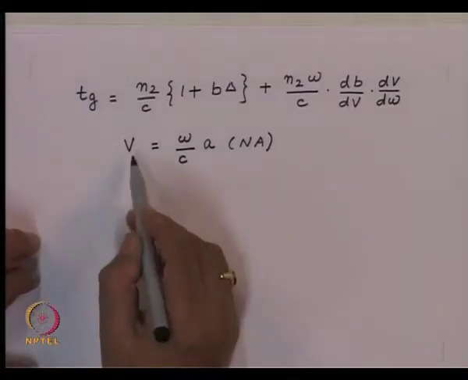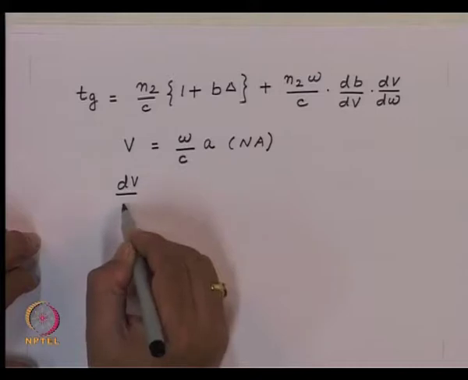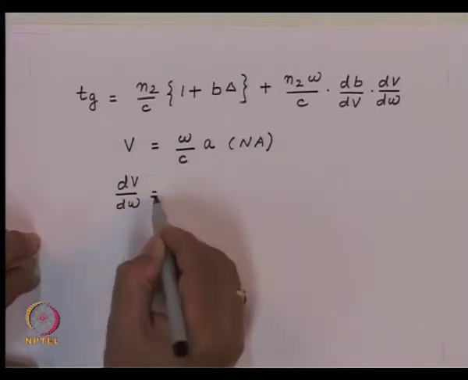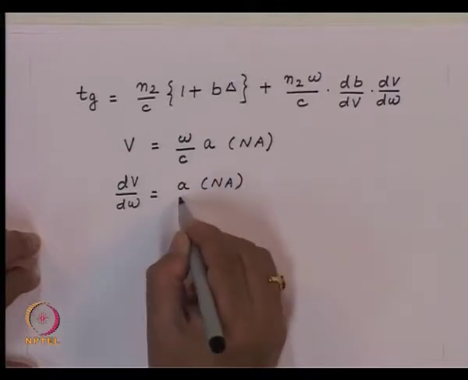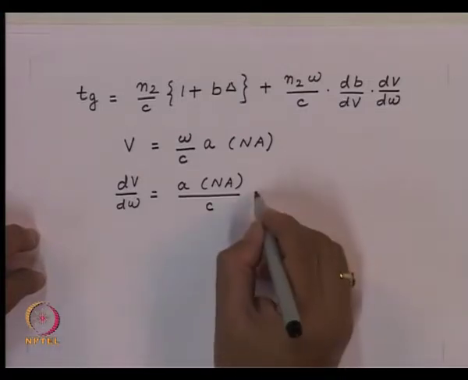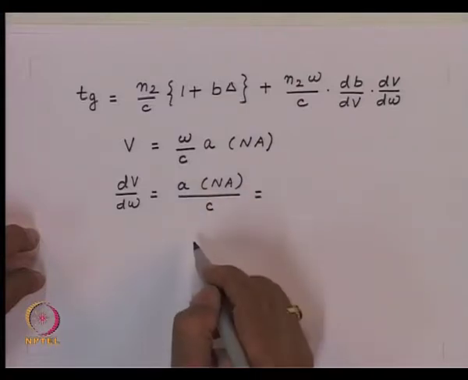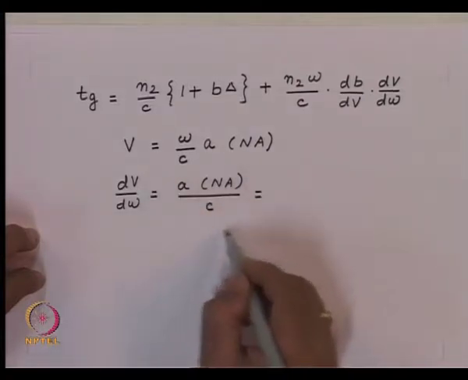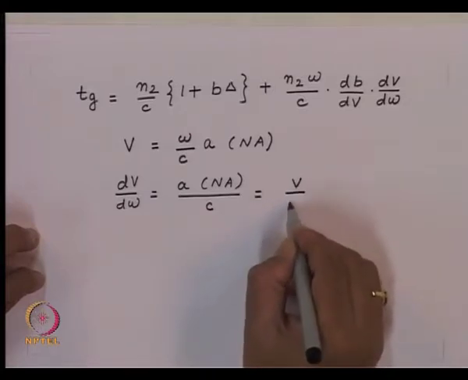So if I calculate this quantity here, dV by d omega, that is nothing but A into numerical aperture divided by c. If I multiply by omega divided by omega, the whole quantity will become V. So this is nothing but V upon omega.